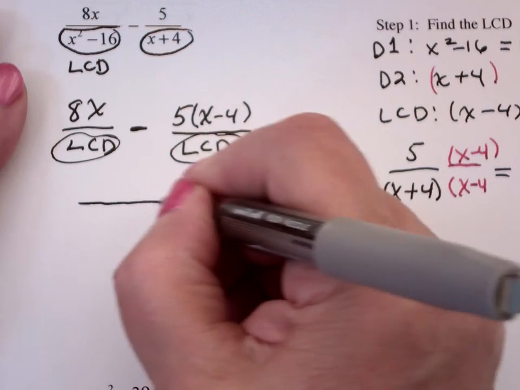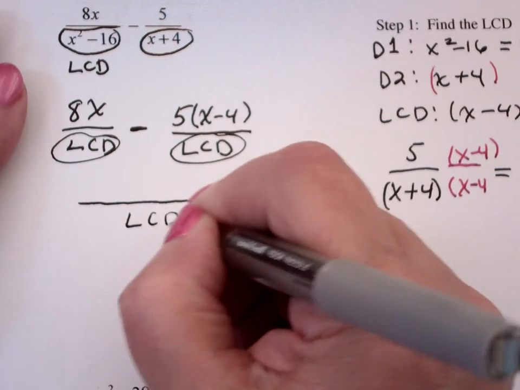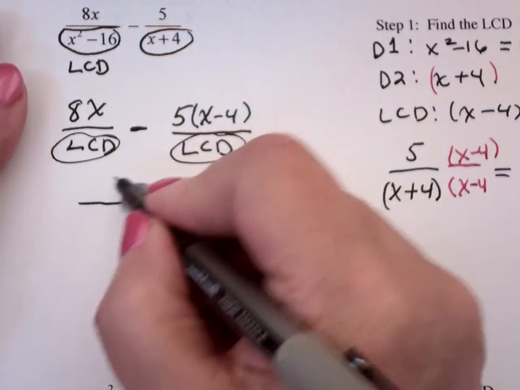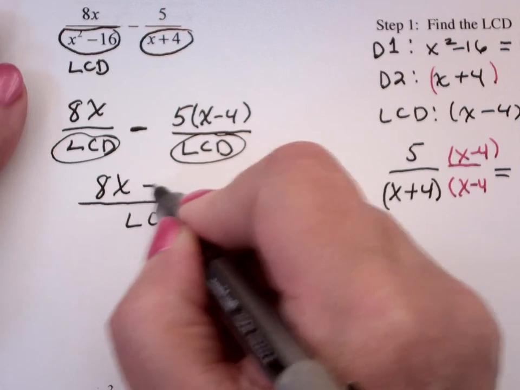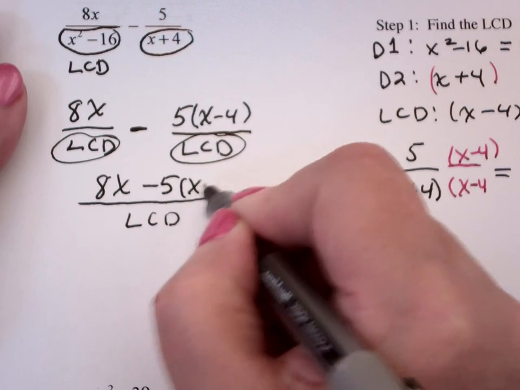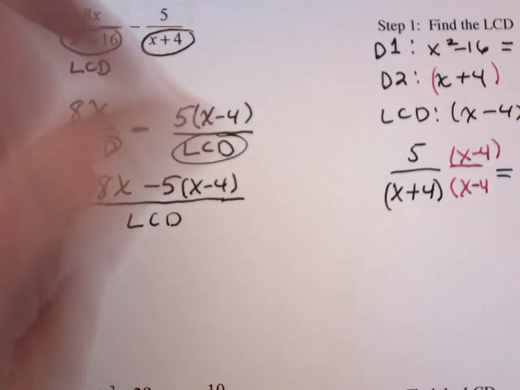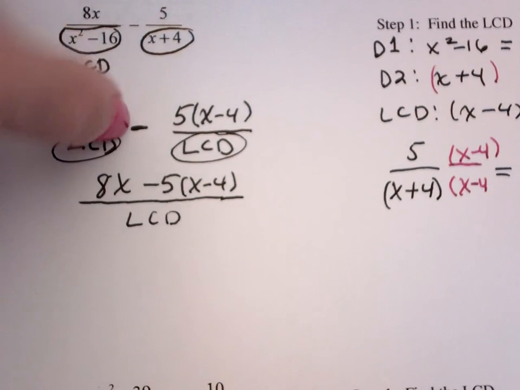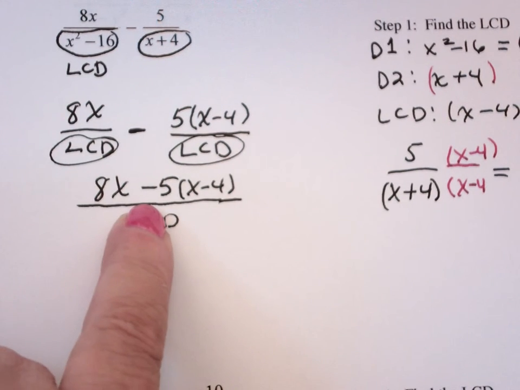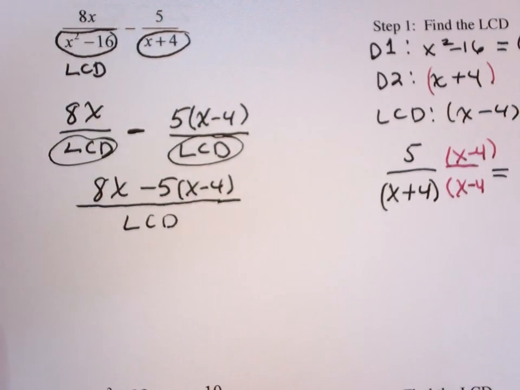So that says that over the LCD, I'm going to have 8x subtract 5 times x minus 4. And that's why I didn't multiply it out, because of that subtraction sign. That minus 5 will multiply through and change all the signs.